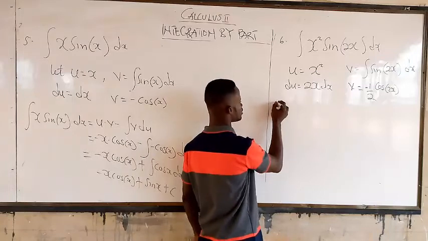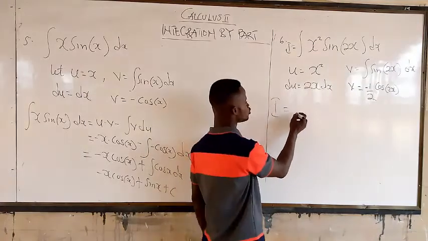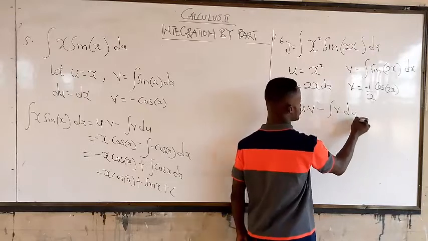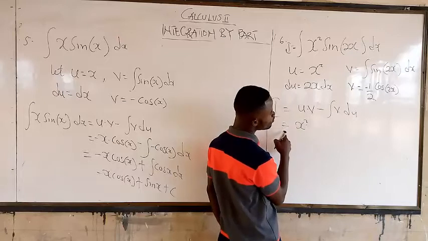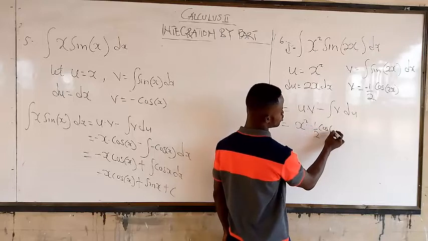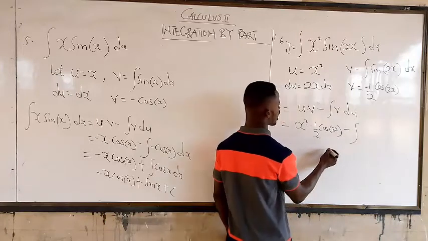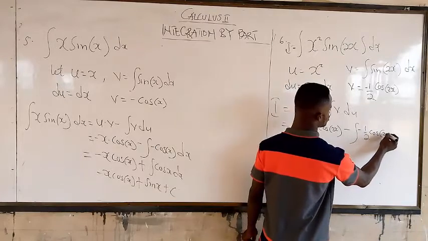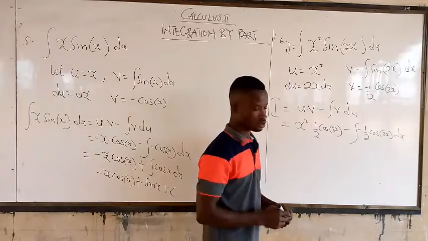So this represents the I. So this is going to be equal to uv minus the integral of v du. U is s squared. V is negative half cos 2s, minus the integral of v, negative half cos 2s, du.